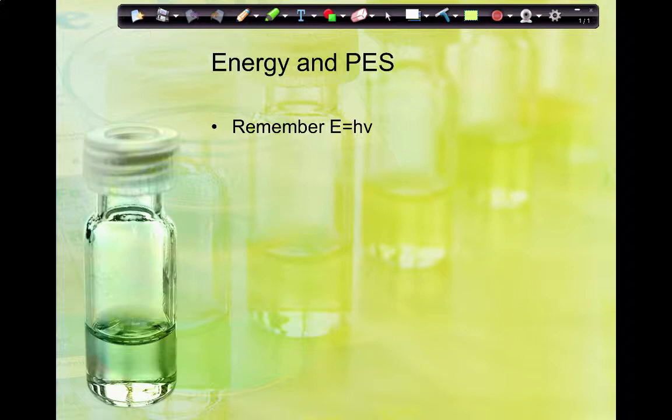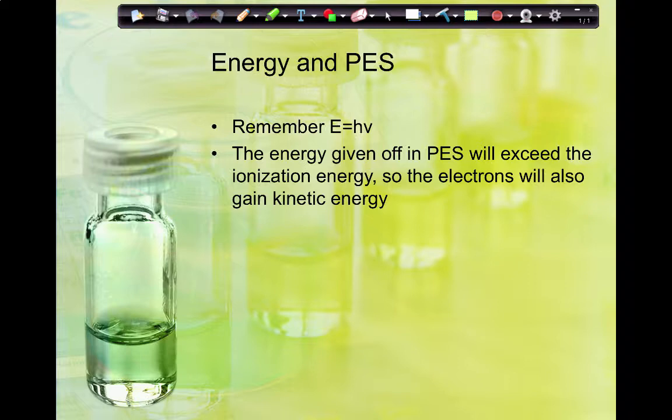Okay, before we go on to actually analyze the spectrum, I just want to note something. Now remember, energy is equal to Planck's constant multiplied by the frequency of that wave. Okay? The energy that you put into the PES is actually going to be larger than the ionization energy, because what will happen is the electron will absorb the energy to get ejected, and then it also starts to move. It gains kinetic energy, and it needs that kinetic energy to move past the detector.